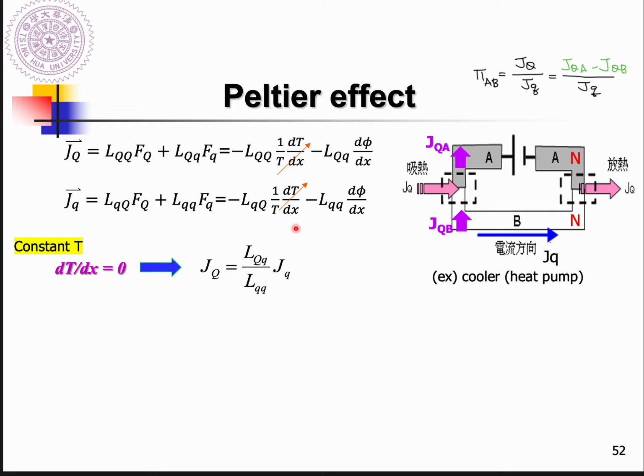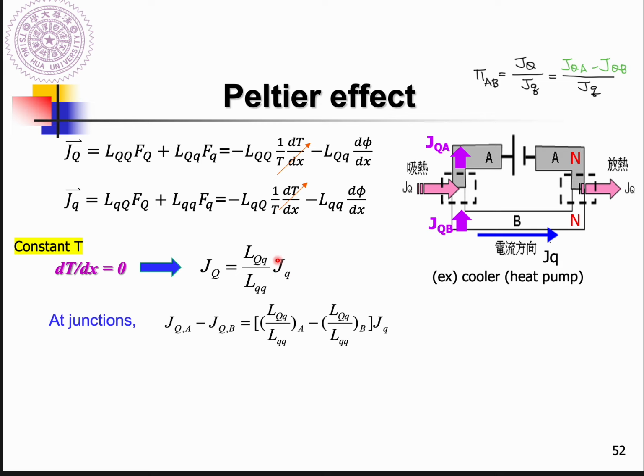And based on this, we can express the heat flux in terms of electrical current, by this coupling coefficient divided by the direct coefficient. And when we focus now on J capital Q, we try to emphasize J capital Q A and J capital Q B. As you know, material A and material B each have their own coupling coefficient, but the same electrical current passing through.